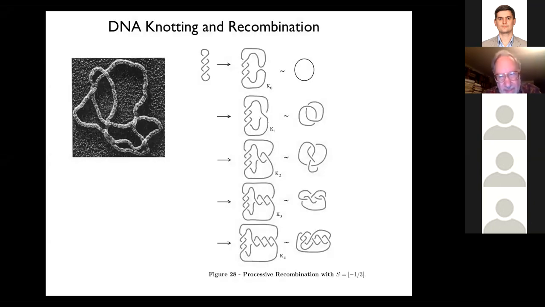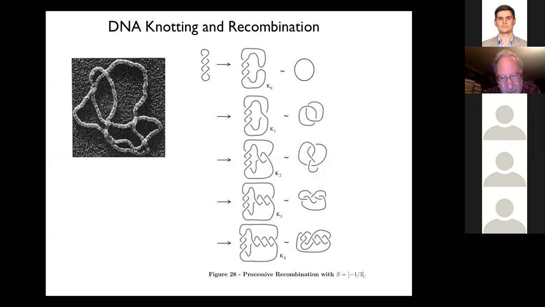And as I said, I wanted to do a little surveying of knots from theory to physical in this talk. So I have little vignettes, some of which will expand out into some more actualities. But this is only one slide about the whole subject of DNA knotting and recombination.